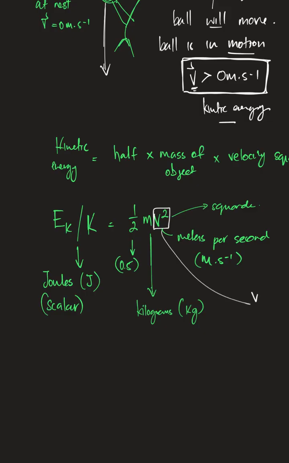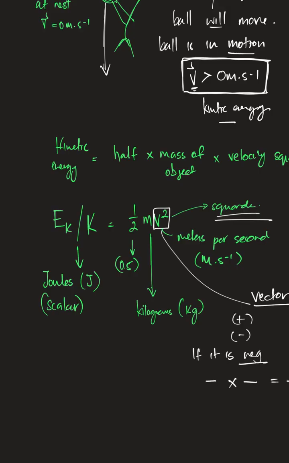Right, now this velocity. Velocity is a vector quantity, which means it can have positive values and negative values. But in this situation, what you need to understand is that even if it is negative, you can never have a negative answer because it's going to be squared. A negative times a negative gives you a positive value.